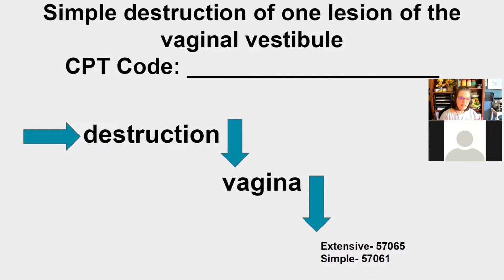So let's do that step together. In the back of our CPT, let's go to D for destruction, and then we're going to go to vagina.